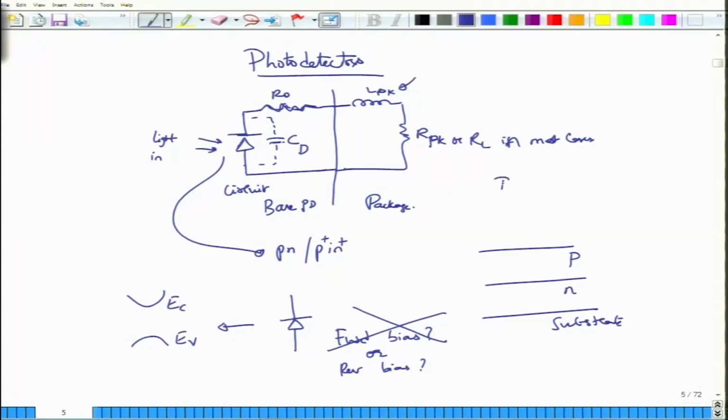For example, the most popularly used detector in the 1550 nanometer or 1.55 micrometer optical communication range is the InGaAsP photodiode. It can be grown on the same substrate of InP, and InGaAs is a direct band gap material. So, InGaAsP is an alloy which has a very good efficiency, and it can actually work at 1550 nanometer or 1.55 micrometer.